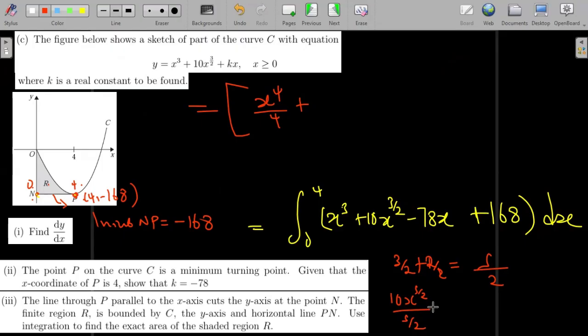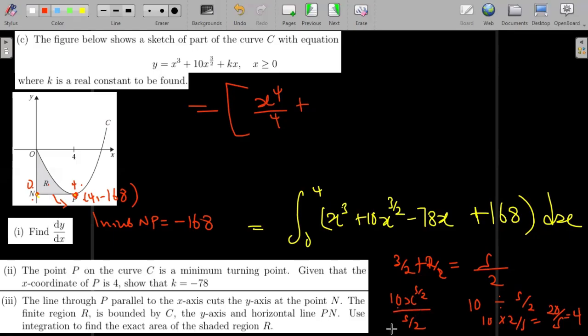Okay, so how can we best deal with that? We can divide these two coefficients. So it will be 10 divided by 5 over 2, which is the same as 10 multiplied by 2 over 5, which is the same as 20 over 5, which is just 4.